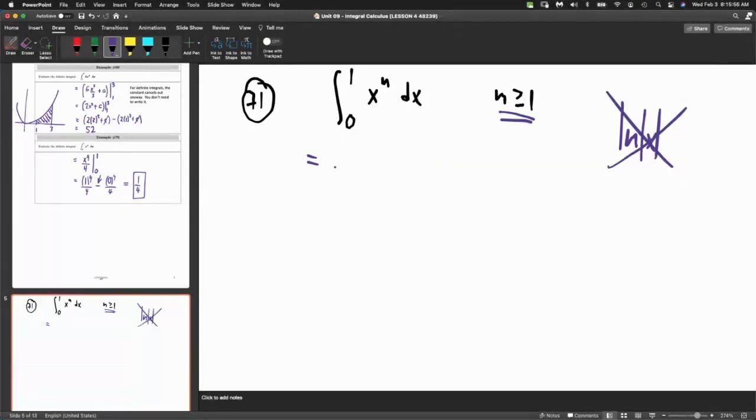So this will be x to the n plus 1 over n plus 1 from 0 to 1. And through a little bit of practice, you can plug in 1 into both of those expressions. You'll have 1 to the n plus 1 over n plus 1 minus 0 to the n plus 1 over n plus 1.